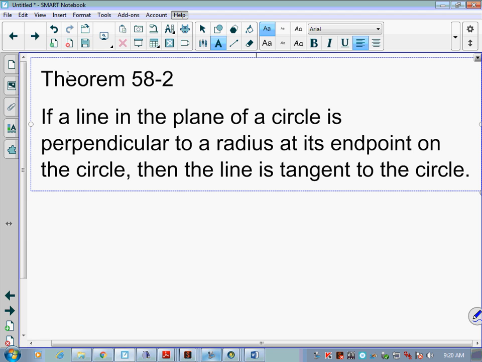That is essentially the converse of Theorem 58-1. The other one said if a line is tangent to a circle, then it's perpendicular to the radius. This one says if it is perpendicular to the radius, then it's tangent to the circle. They go back and forth. One already knows one part of it and therefore proves the second; the other says we know the second, therefore it proves the first.